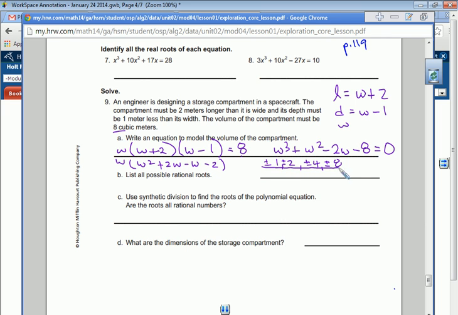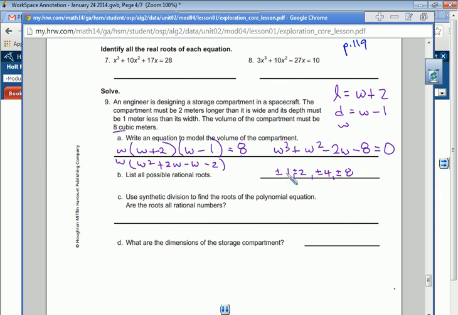Okay, all divided by what? 1. So do I even need to write divided by? No. So these are my answers. So that would be what we'd put on the blank here. That's it. Okay?